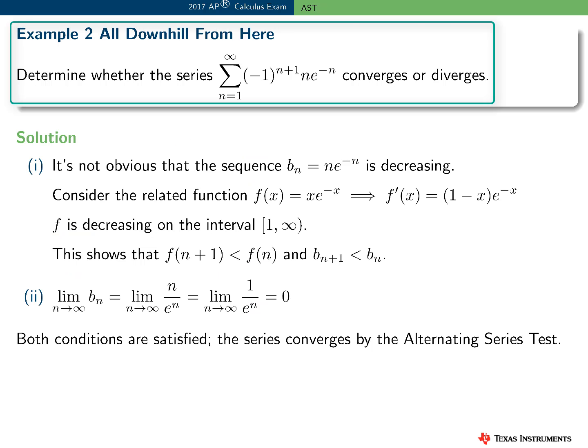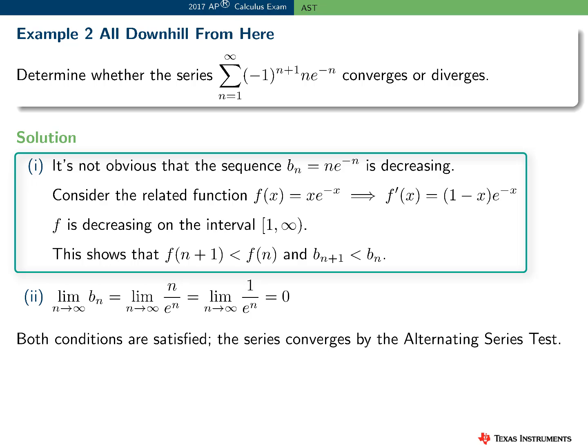Here's another example. Let's determine whether this series converges or diverges. Well, first, it is an alternating series. But it isn't obvious, at least to me, that the sequence b sub n is decreasing. So I'll consider a related function, namely f of x equal to x times e to the minus x.